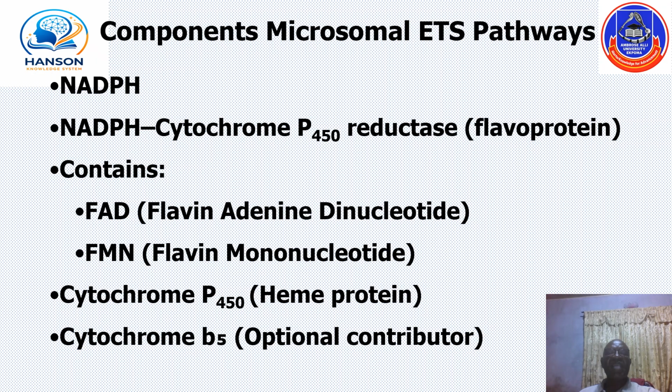It contains FAD, FMN, that is flavin mononucleotide, FAD, flavin adenine dinucleotide, cytochrome P450, which is a heme protein, and cytochrome B5, which I mentioned to you as an optional contributor.